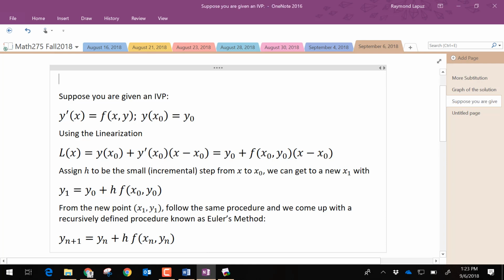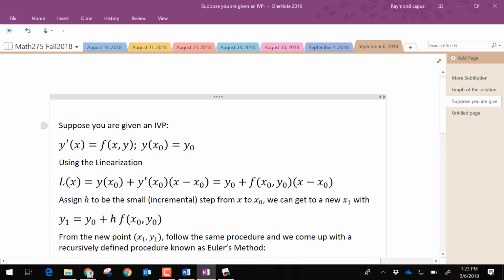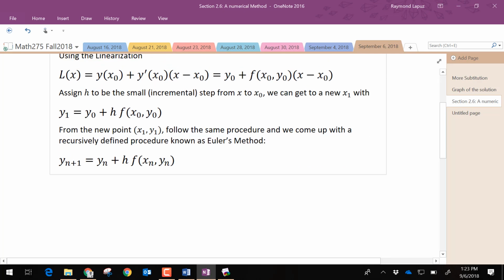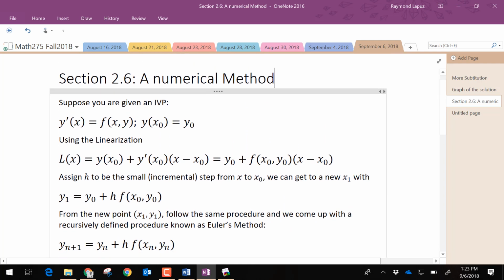So we're going to take a look at a numerical method called Euler's. It's Euler's method, which takes a look at this first order differential equation and looks at it as if it was a slope field. It has to be an IVP, an initial value problem, so it has to have a differential equation and an initial condition. And what you're going to do is, from that initial condition, take a guess using the slope.